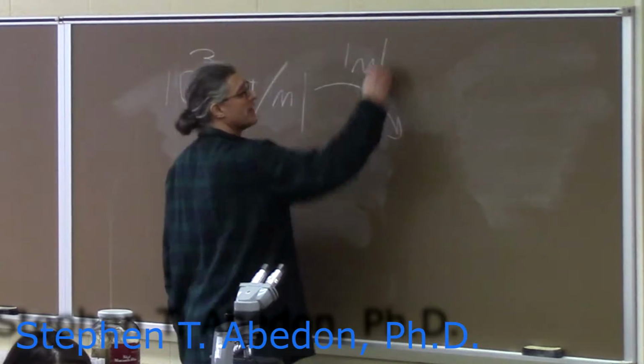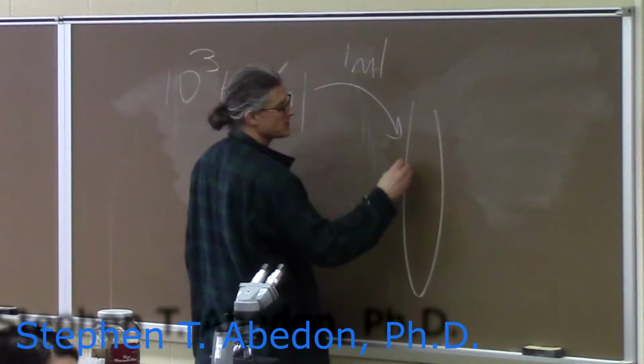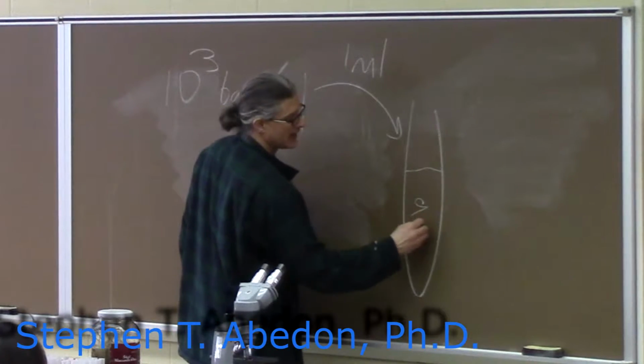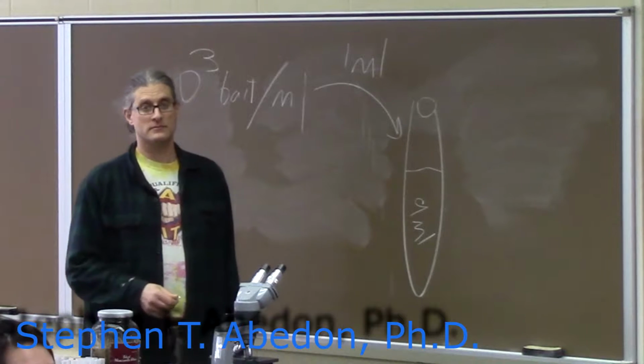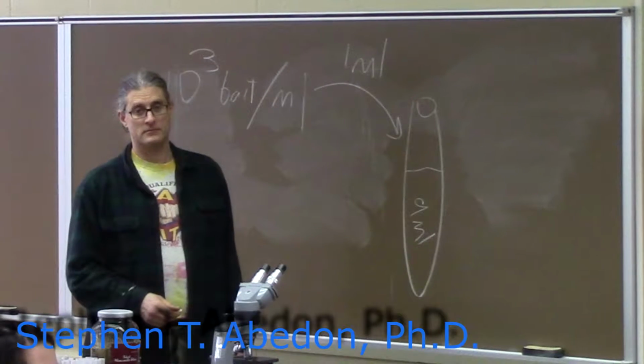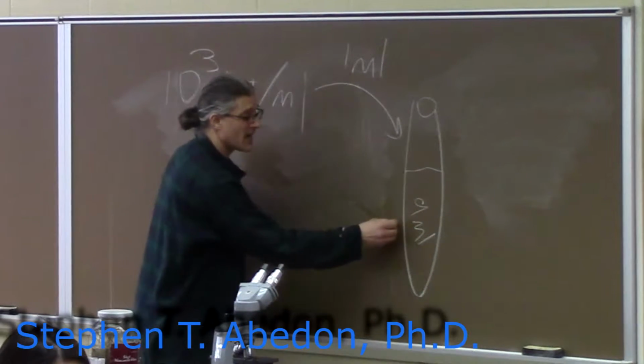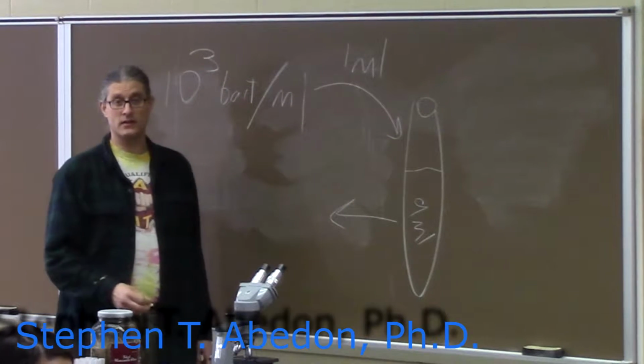So 1 ml goes into a tube that already has 9 mLs in it. What is the concentration of bacteria post-dilution? So that's asking what's the concentration in there.